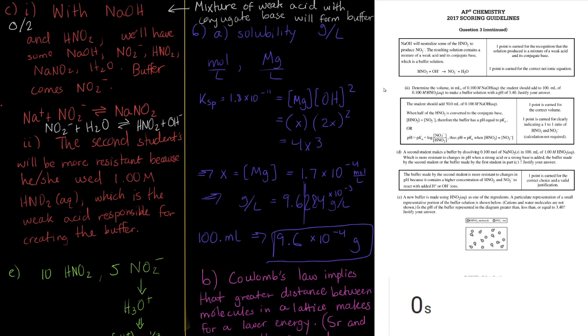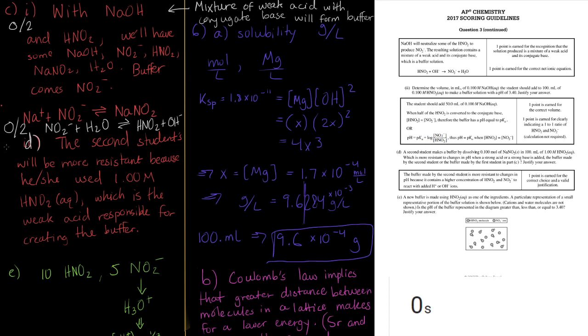Cool. Well, I earned no points for that because I didn't write it, but for part D, the buffer made by the second student is more resistant to changes in pH because it contains a higher concentration of HNO2 to react with added.